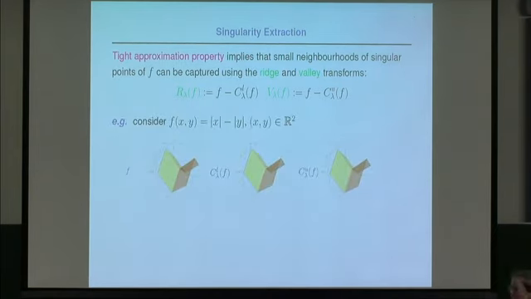So let me show you an example to see how this works in practice. Here we consider just a function defined on R2 to be mod x minus mod y. The graph of this function is the thing that's drawn here on the left-hand side. And it has one ridge and one valley.